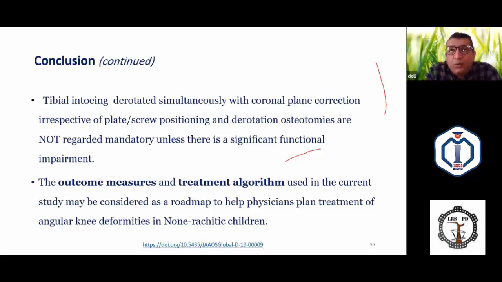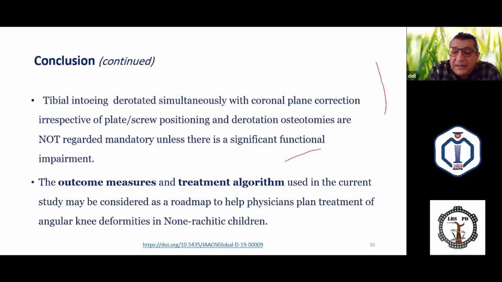We did resort to it only in one patient. Otherwise, we found that all patients with severe internal tibial torsion and varus, when we corrected the varus by guided growth, they derotated simultaneously. So we do not really need derotation osteotomy in classic rickets.